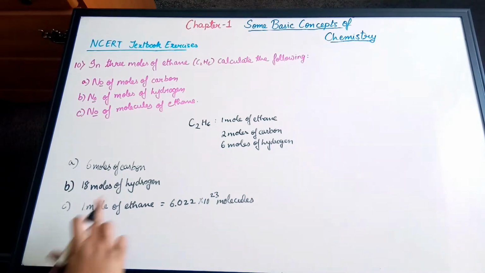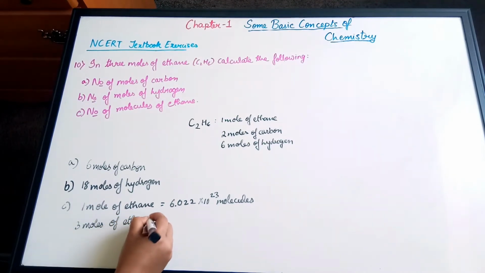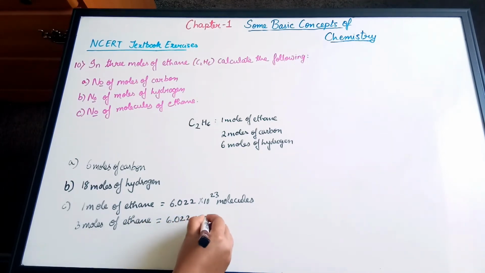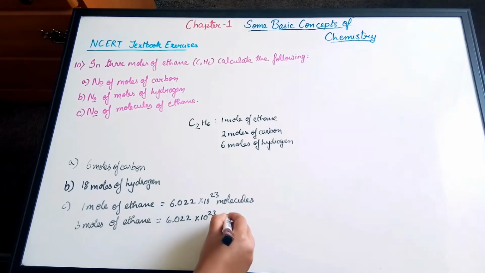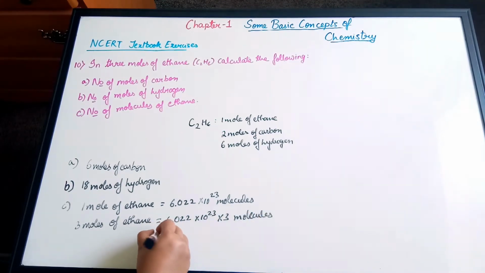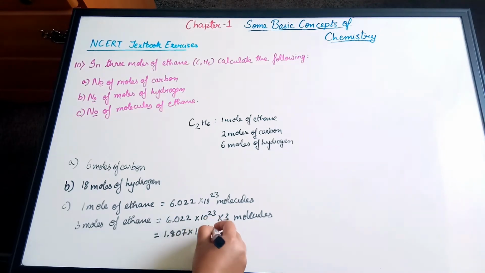So if 1 mole has so much, then 3 moles of ethane will have 6.022 into 10 to the power 23 into 3 molecules. So that is equal to 1.807 into 10 to the power 24 molecules.